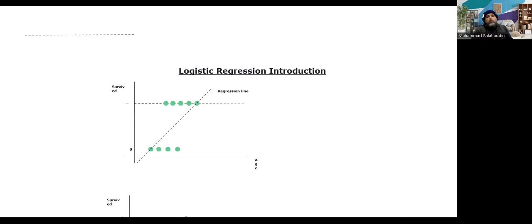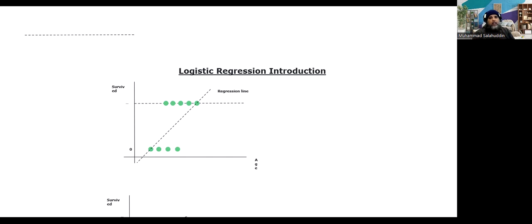If you remember in the last video, when we discussed linear regression, we normally see that there is a straight line that covers most of the data points, and based on that line we draw the line equation for the linear regression, and then we predict the value by using that line equation.